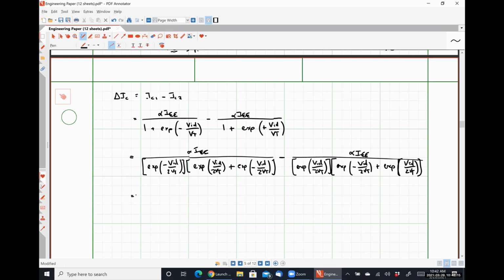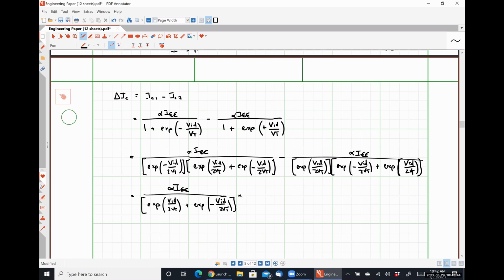All right, so I have a common term of alpha IEE divided by EXP of VID over 2 VT plus EXP of negative VID over 2 VT.